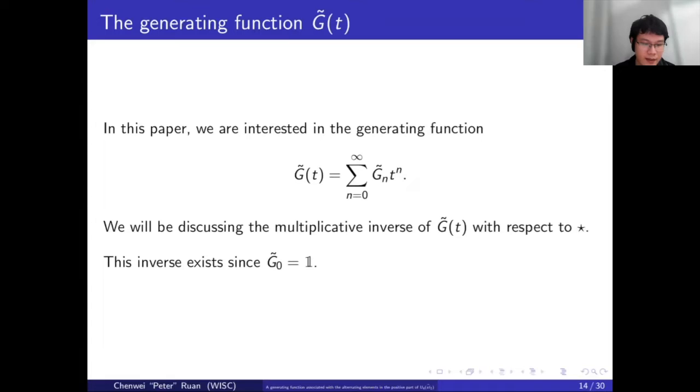In this paper we are interested in the generating function G tilde of t, whose coefficients are G tilde_n. And we are going to discuss the multiplicative inverse of G tilde of t with respect to star. We know this inverse exists because the constant term is invertible.